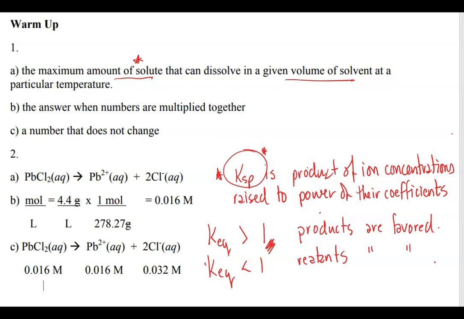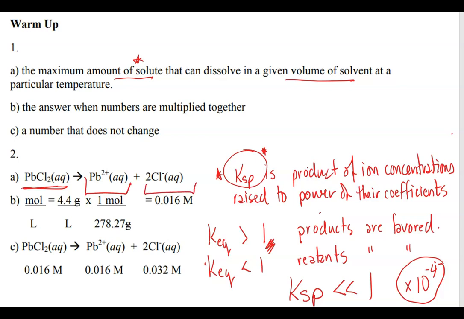So what we'll see here when we're talking about Ksps is Ksps are very, very small, right? They're of the magnitude times 10 to the minus 4 and smaller. And this is telling us that the types of compounds that we're dealing with really don't dissociate very much. If the product of their concentrations is very small, it means that the concentration of ions in solution is very small.